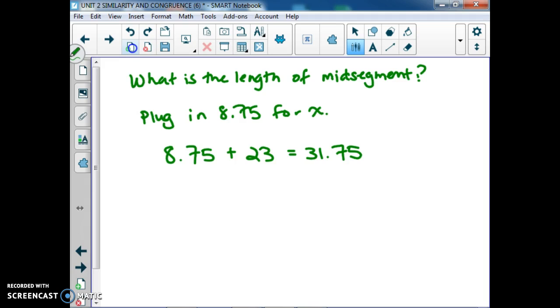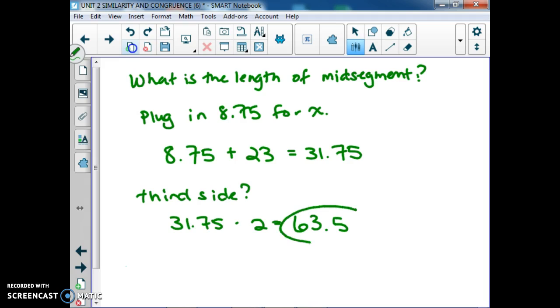And if you needed to find the length of that third side, you could just multiply your midsegment by 2. So 31.75 times 2 equals 63.5.